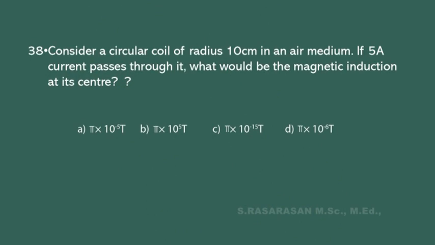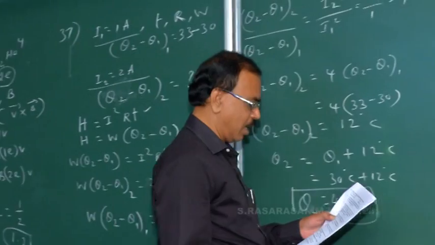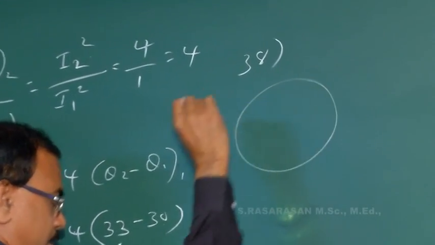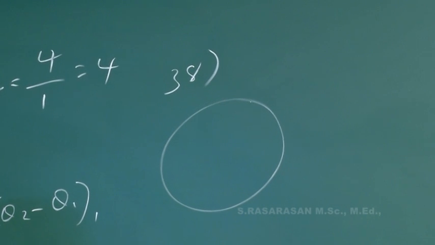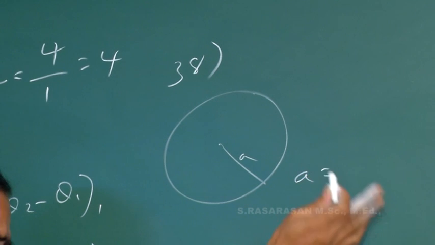Question 38. Consider a circular coil of radius 10 centimeter in an air medium. If 5 ampere current passes through it, what would be the magnetic induction at its center? Say this is a circular coil of radius a, you can use any symbol.